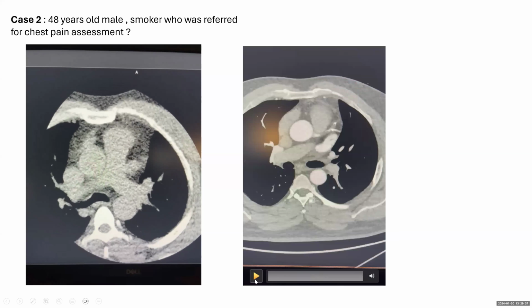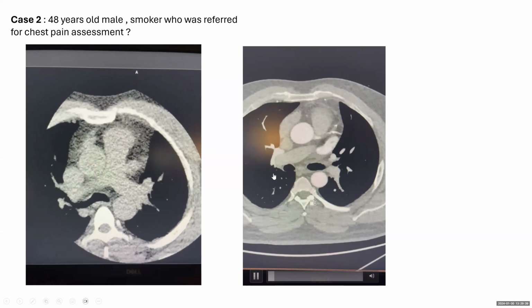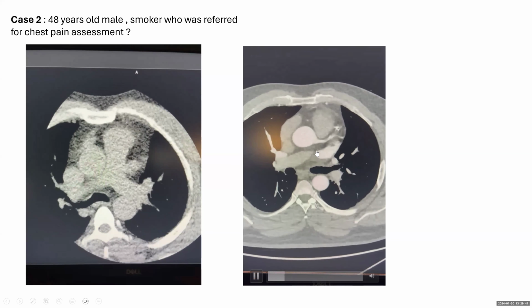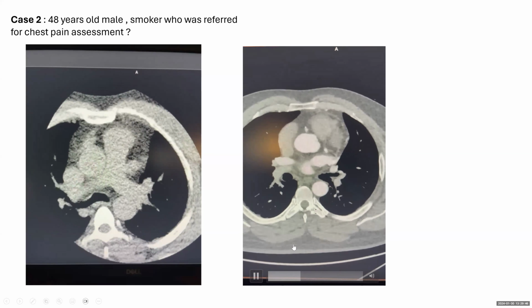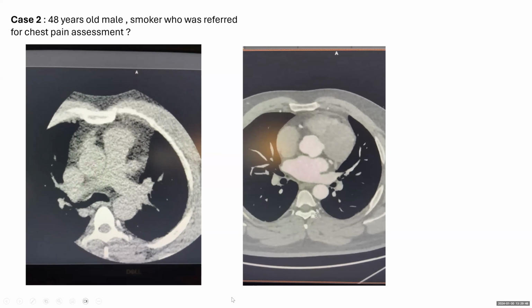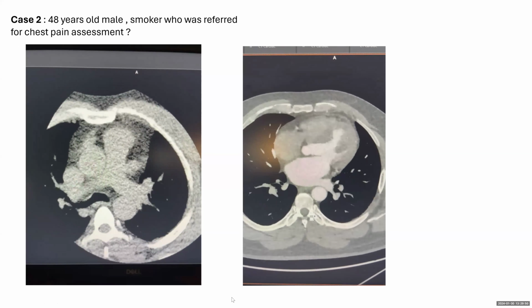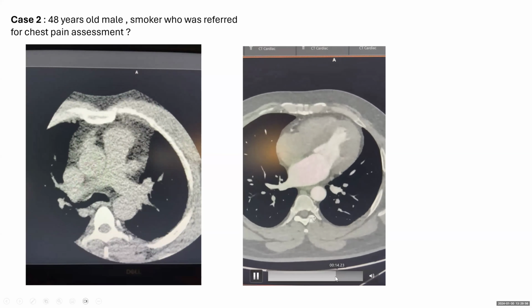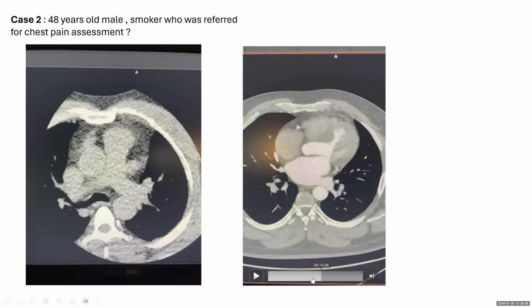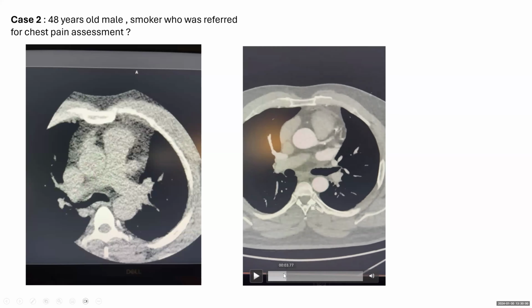In CTA, as we see here, the left main has no lesion. As the bifurcation happens, here I will show you. Look at the origin of the left main, which is actually good.